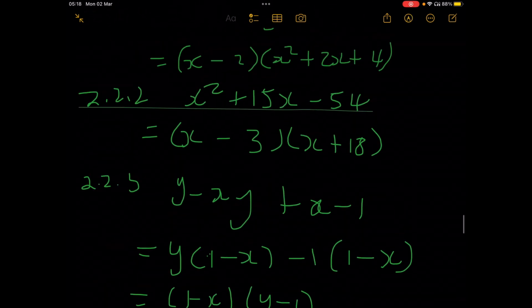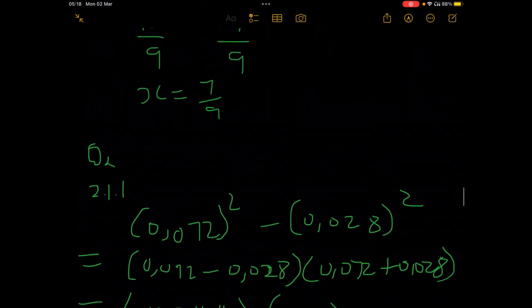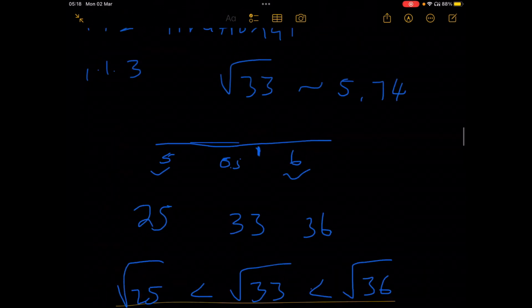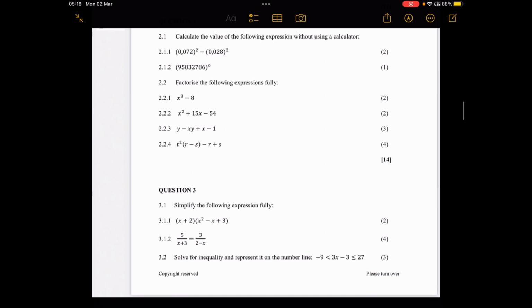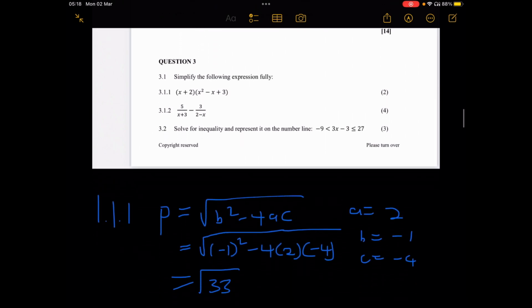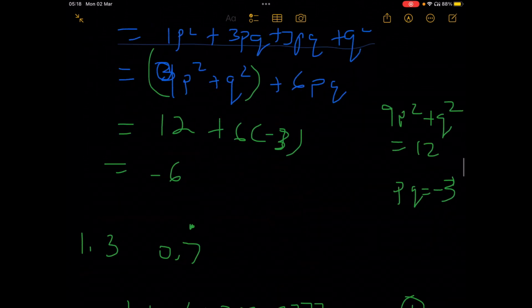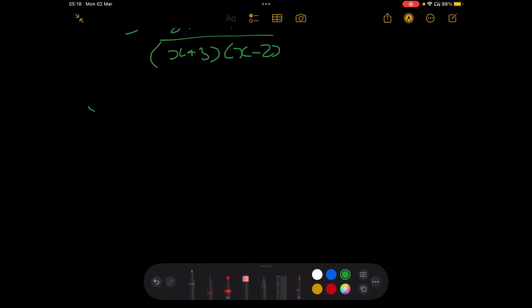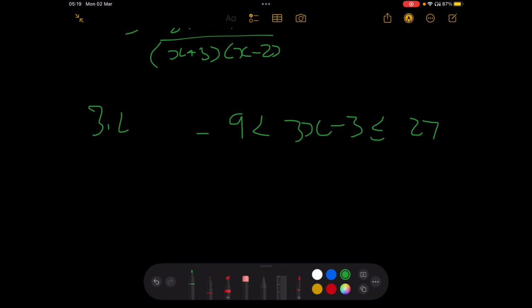Let's check out 3.2, which seems to be an inequality. No, it's still part of this. So it's minus 9 less than 3x minus 3 less than or equal to 27. To remove the 3, we have to add.